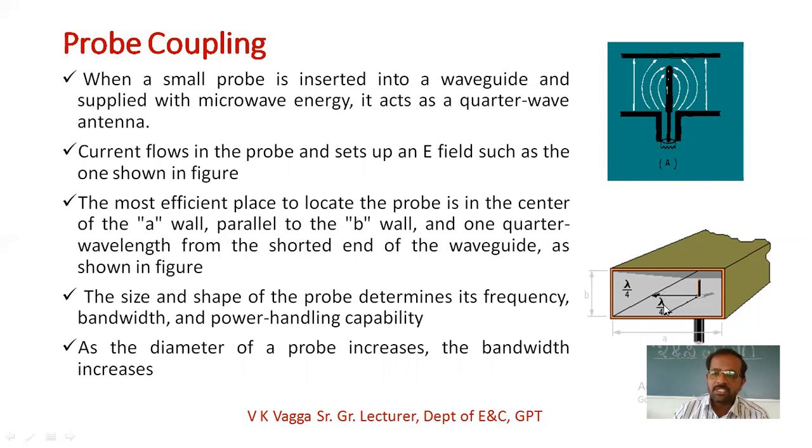The distance is lambda by 4 from the A wall as well as from the B wall. Its bandwidth, frequency, and power handling capacity depend on the size and the shape of the probe. Increasing the diameter increases the bandwidth.